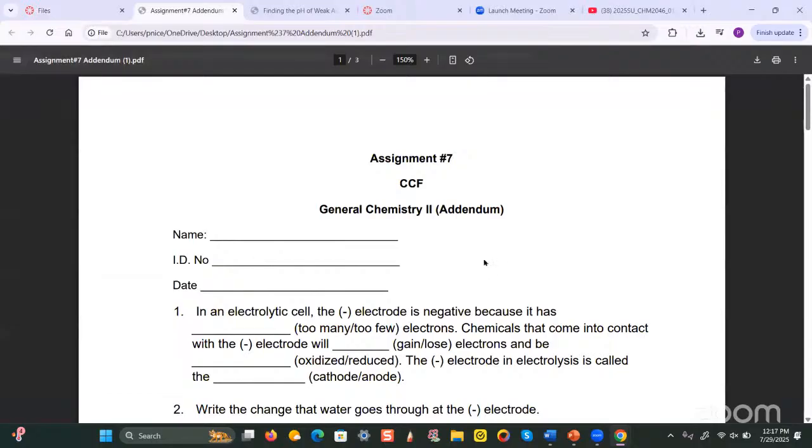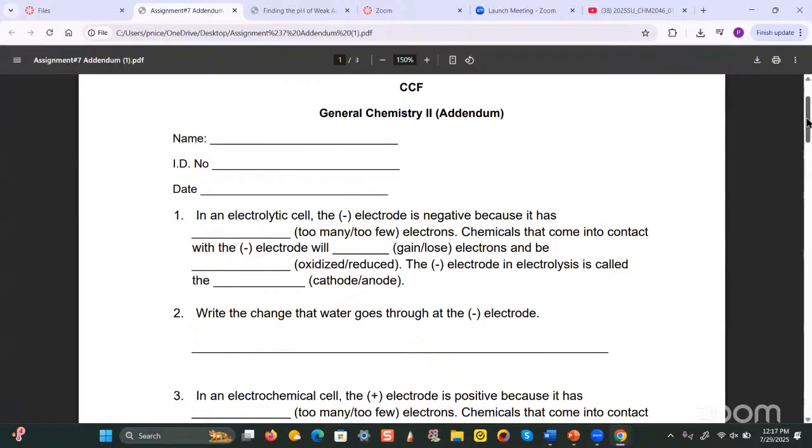All right, so let's look at the first question. It says, in an electrolytic cell, the negative electrode is negative because it has, what do you think the answer is? Is it too many or too few electrons? Too many, exactly.